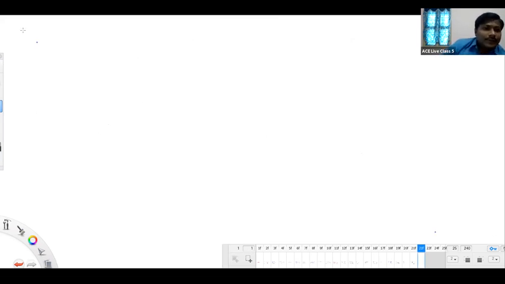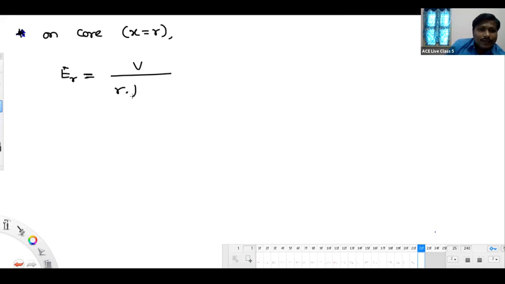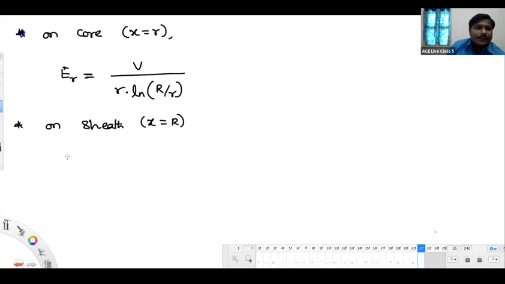So on the core surface, that means x equal to small r, electric field intensity will be V by small r into ln of capital R by small r. On the sheath surface, you should keep x equal to capital R here.